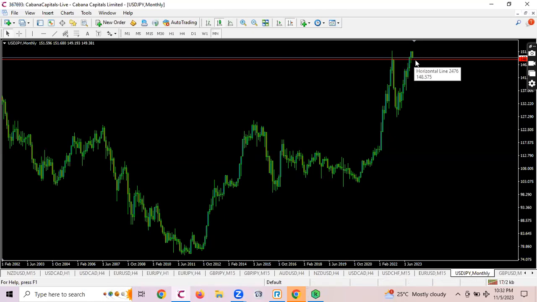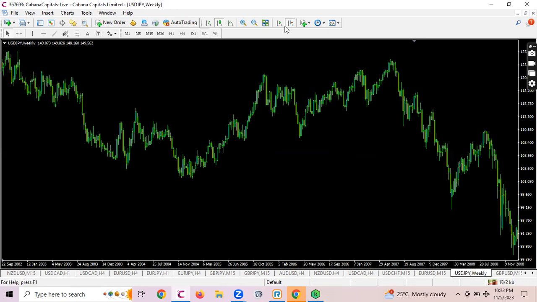But when price hits this support, we'll see how traders react to price at this level. So if price hits this level and we have a hammer, engulfing pattern, or double bottom at this level, then we should consider buying USD JPY. Let's go down to weekly.